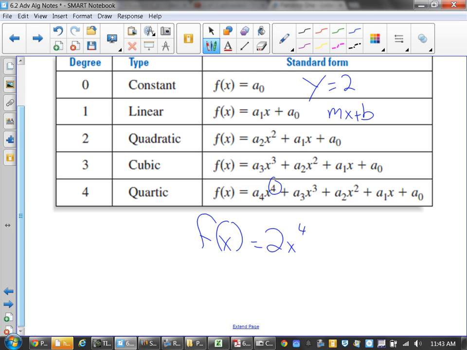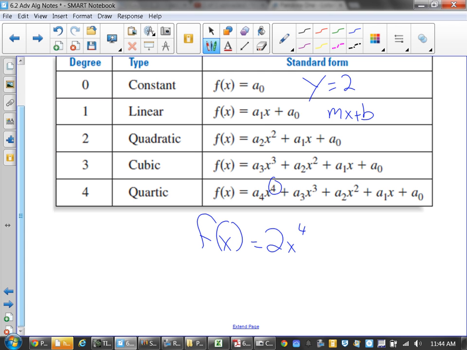It just doesn't have any other junk to it. Where would its y-intercept be in this case? 0. Very good. Because there's no constant. When you're looking at it in terms of degrees, it's just going by the degree, not the amount of terms.